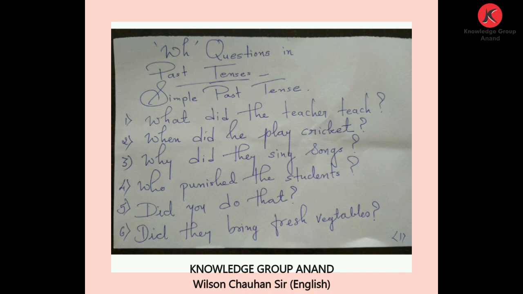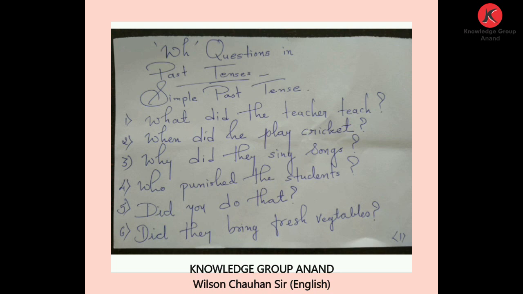Once again, dear friends, in order to make sentences and questions, you require the auxiliary verb did. Sentence number 1. What did the teacher teach? Would you like to give the answer? Your time starts now. You can write down your answer. I'll be showing you the answer, but please try not to copy it.